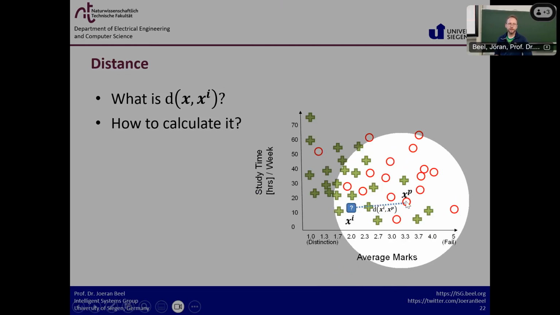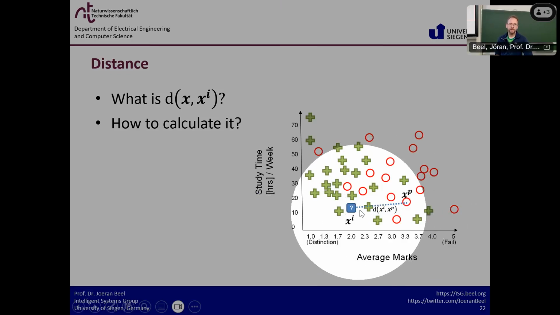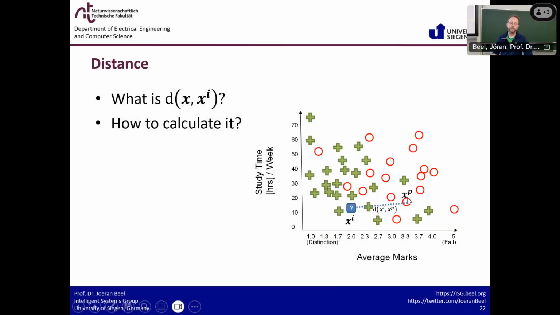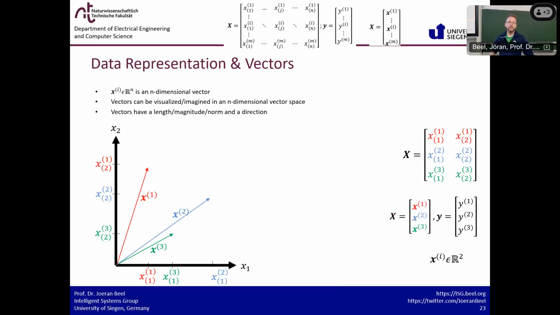So we need to know the distance between xi, but it's not consistent. So here I wrote x and xi. Here it's xi and xp. Well, I think you understand what it is supposed to be. And for this, we need the vector space.